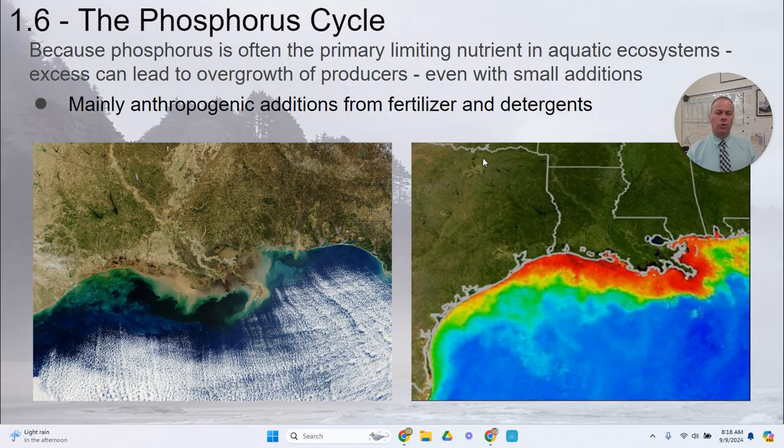If excess fertilizer is applied and it runs off into the water, or if synthetic fertilizers, which are more soluble than organic fertilizer, run off into rivers and streams and lakes, eventually all of those lakes and streams and rivers are tributaries of the Mississippi River. And so that all ends up in the Mississippi River, which eventually empties into the Gulf of Mexico.